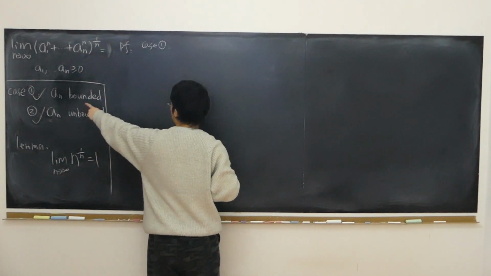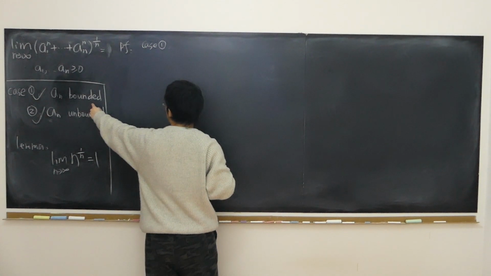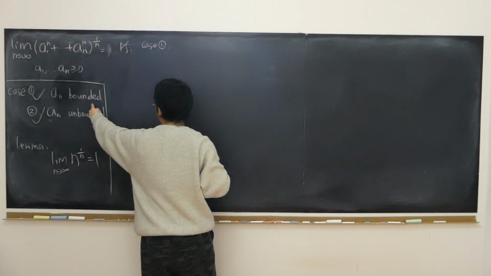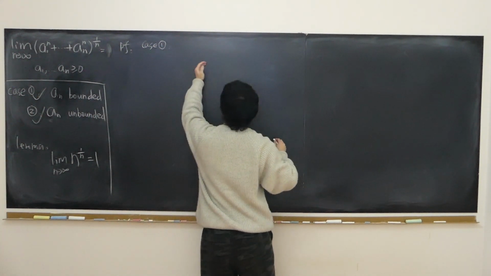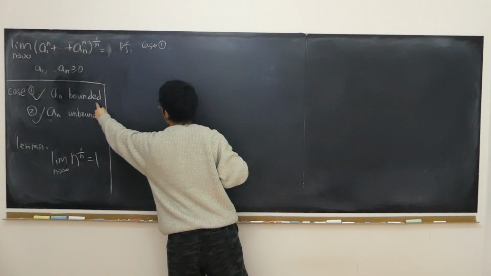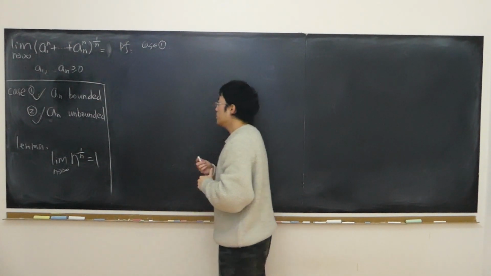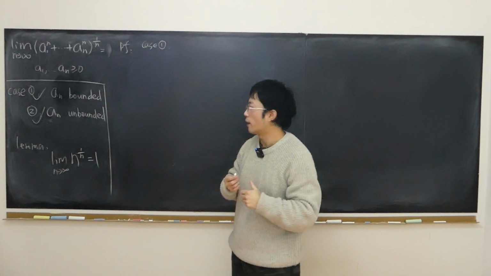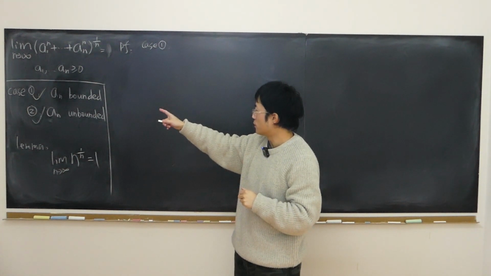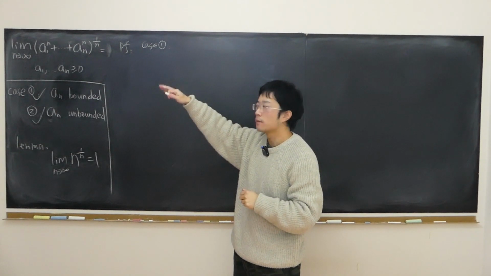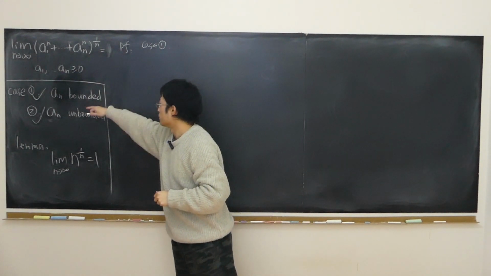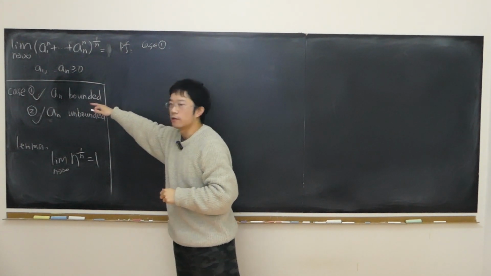Suppose it's a bounded sequence. Since it's bounded, it has to have a supremum. Supremum means the least upper bound. Bounded means this sequence has many upper bounds, and because all of the terms are non-negative, it has many positive upper bounds.